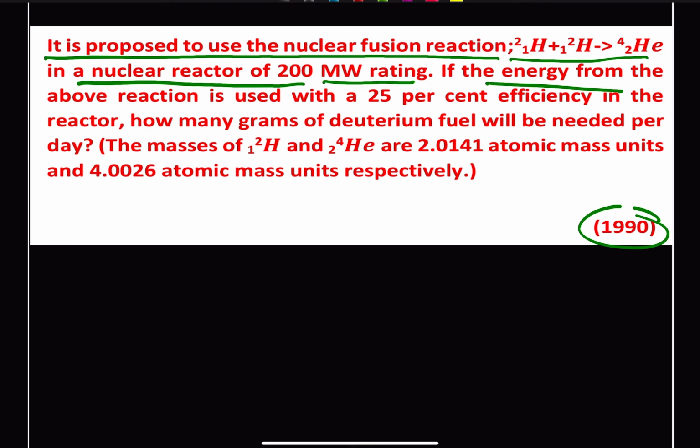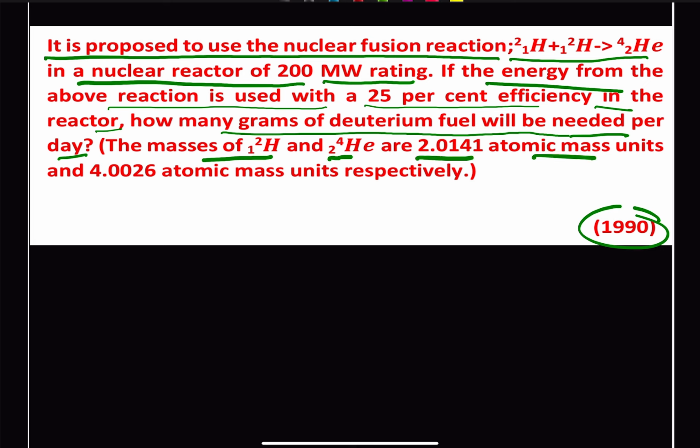If the energy from above reaction is used with a 25% efficiency in the reactor, how many grams of deuterium fuel will be needed per day? The mass of 2H1 and 4He2 helium is 2.0141 AMU and 4.0026 AMU respectively.